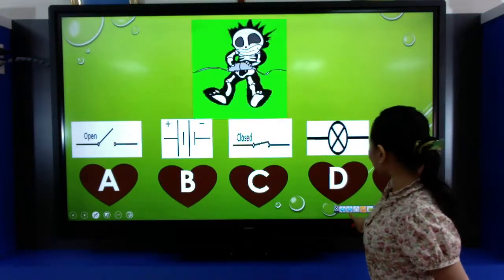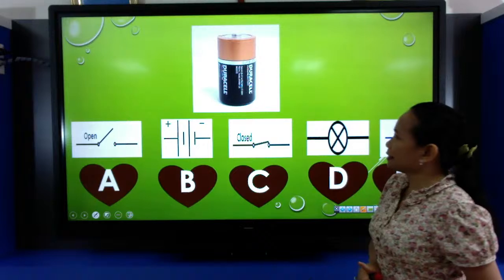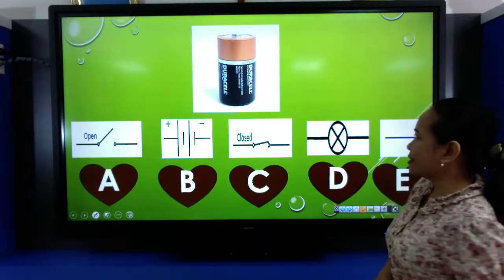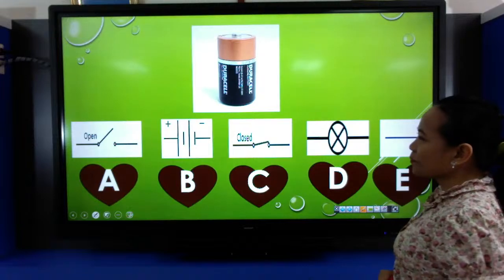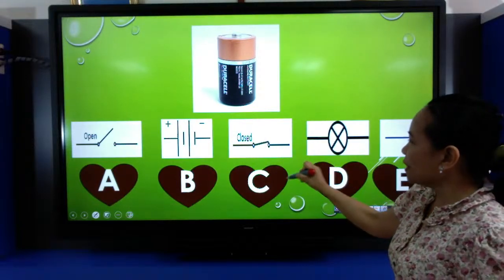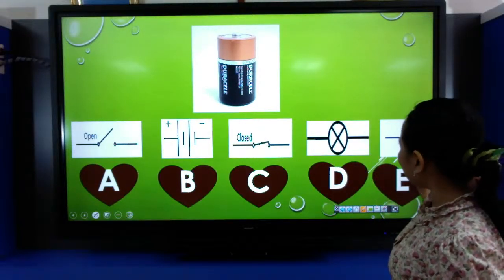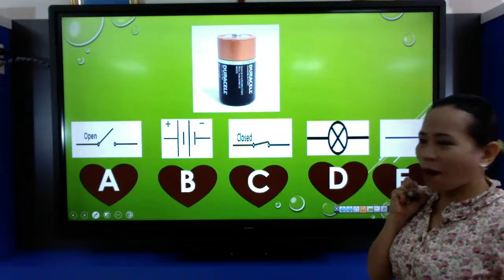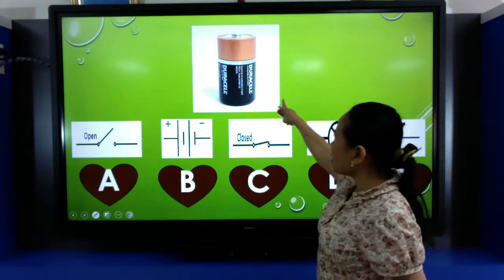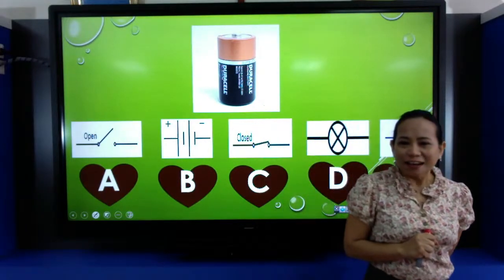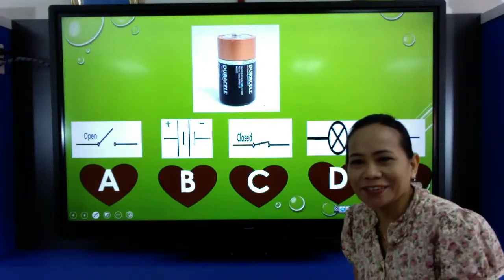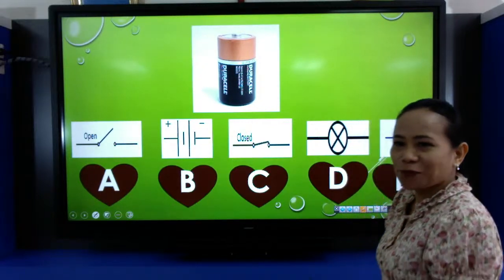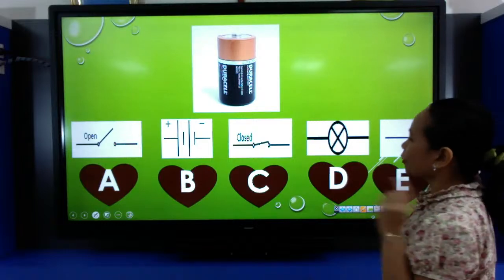Next number. What is the symbol of this component? The battery or the dry cell? Letter A, B, C, D, or E. What is the symbol of dry cell? It is letter B. 6/4 number 1's answer is letter B. Correct.